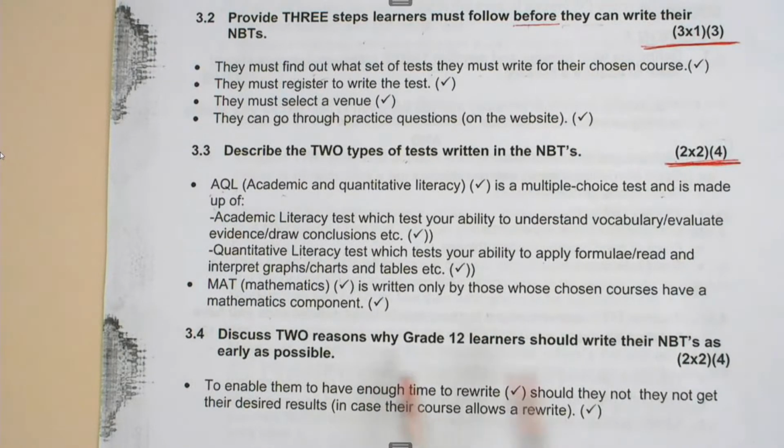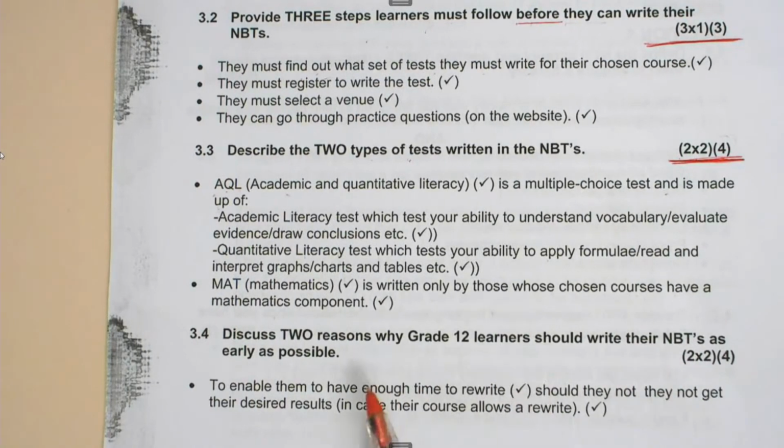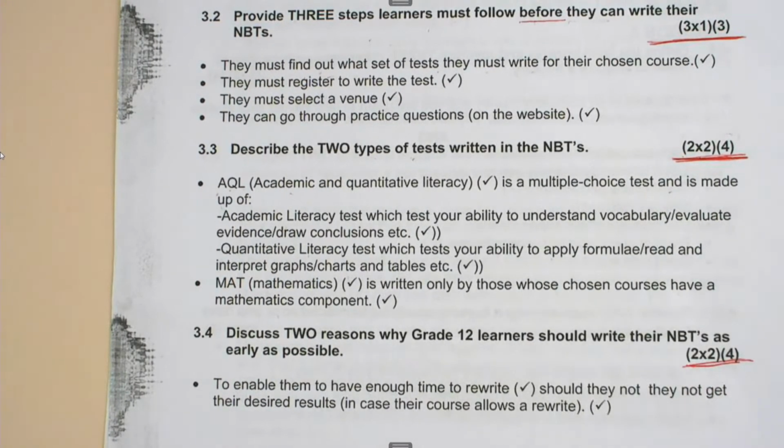Now, the question says, why is it important for us to write these tests as early as possible? Learners have to find from their sources why it is important. Again, we still go to the mark allocation. I hope you are getting it, colleagues.